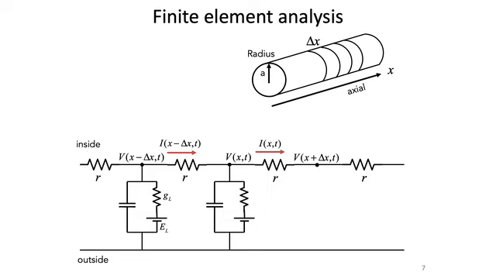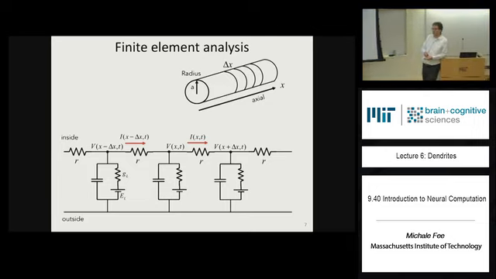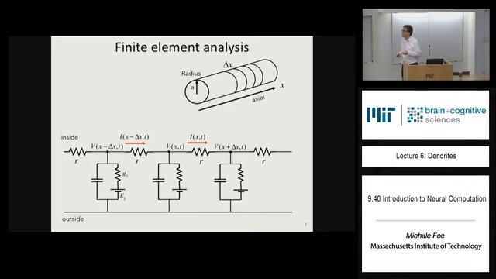And we're going to model this piece of membrane in each one of those slices as well. Any questions about that? That's the basic setup. That's the basic finite element model of a dendrite.